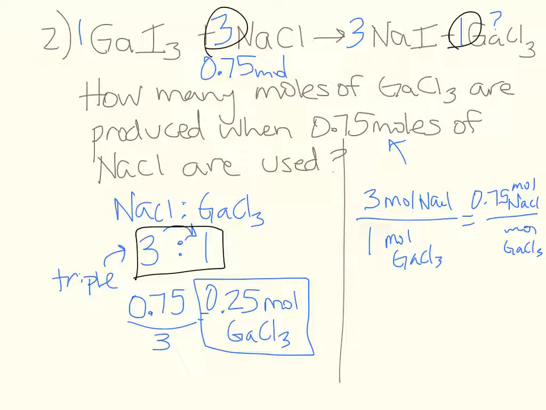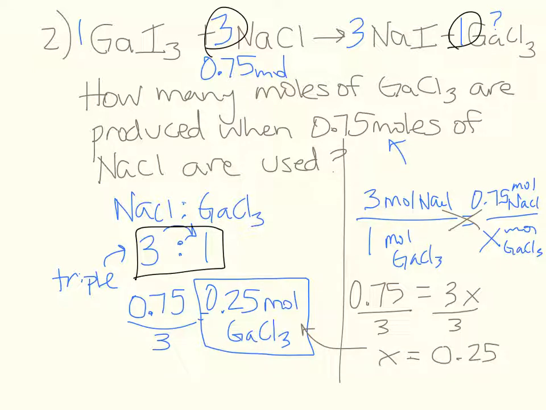Our moles of gallium chloride is what we need to figure out, so that's going to be our X. So we've got the proportionality equation 3/1 equals 0.75 over X. Now we just cross multiply. So 0.75 times 1 is 0.75, and that equals 3 times X. Then if we divide both sides by 3, boom, we get the exact same thing as we did before: 0.25 moles of gallium chloride.